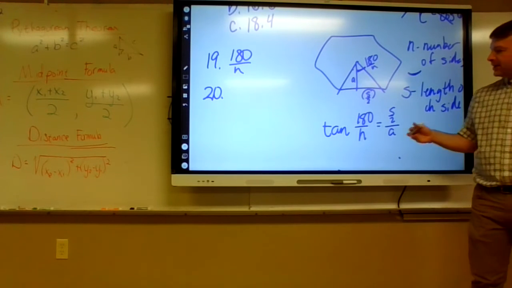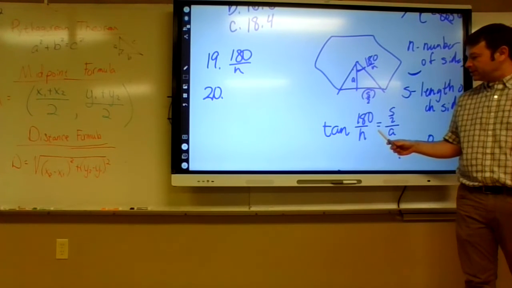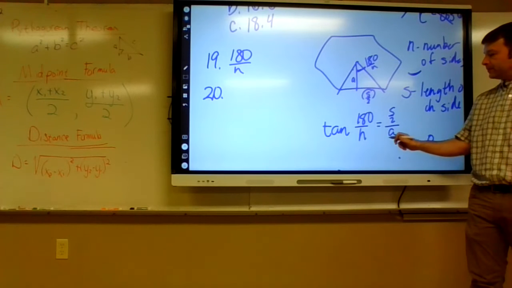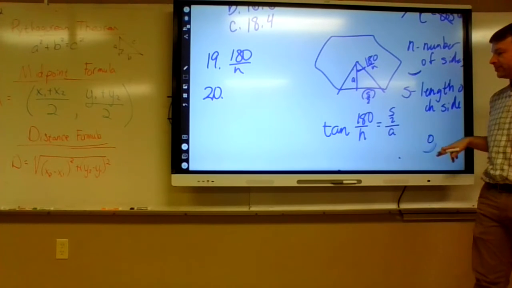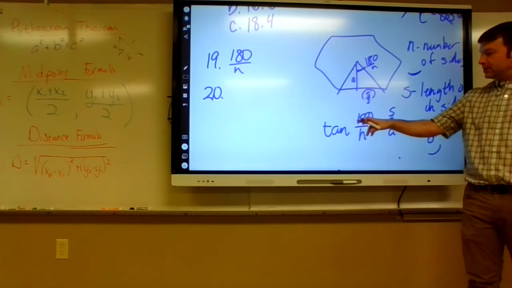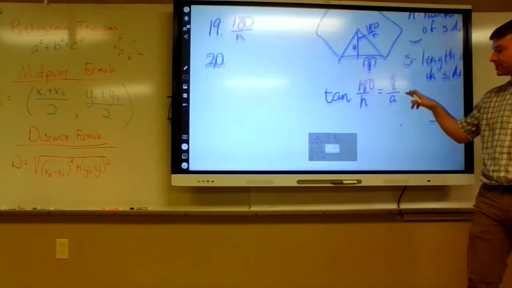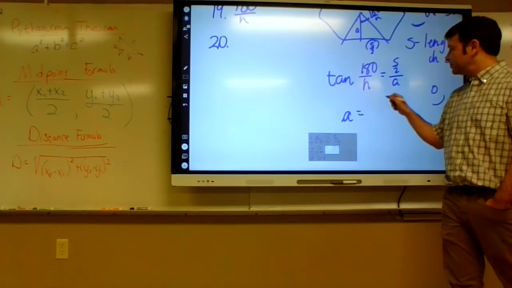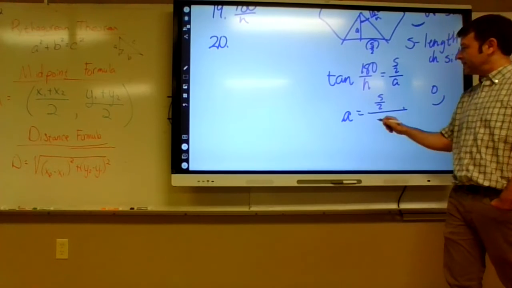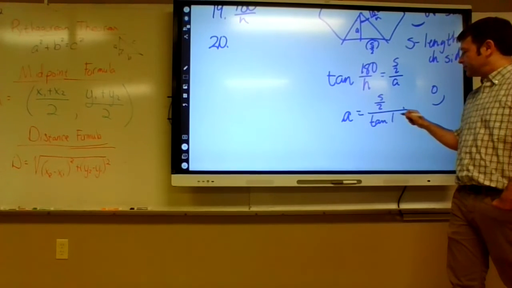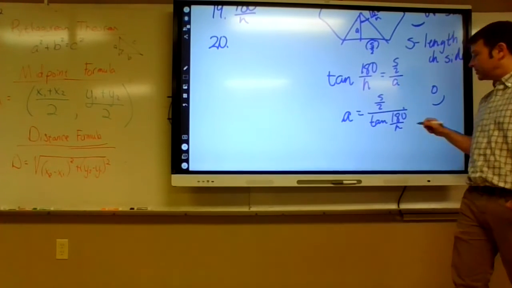All right. How do we solve for a right here? When the a's on the bottom, what do we usually do? Switch to a. Yeah, these two switch places. So a equals s over 2 divided by tangent of 180 over n.